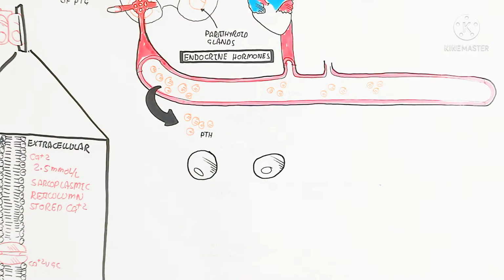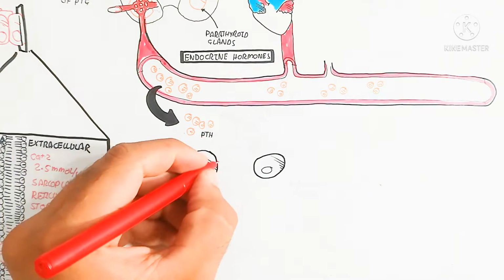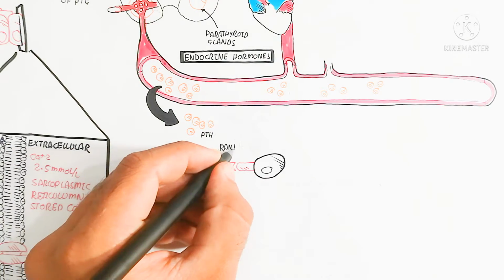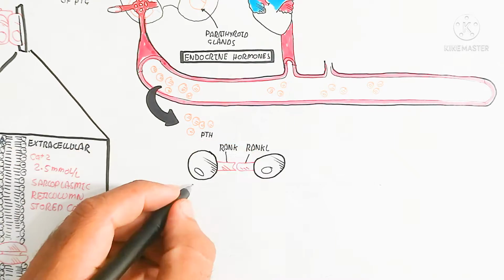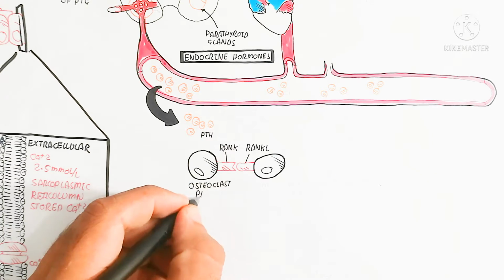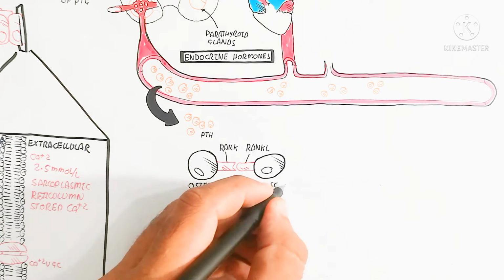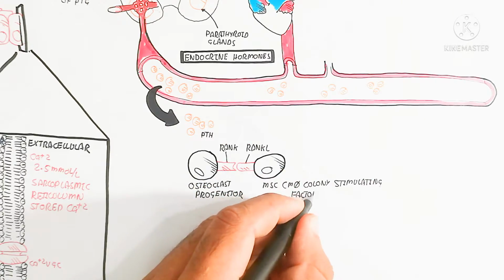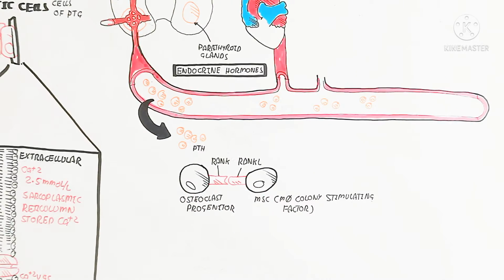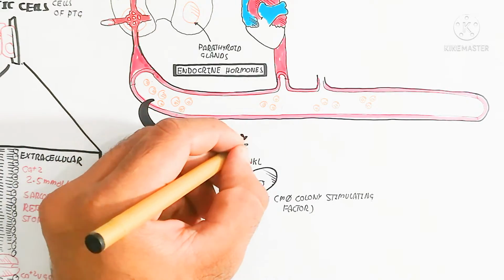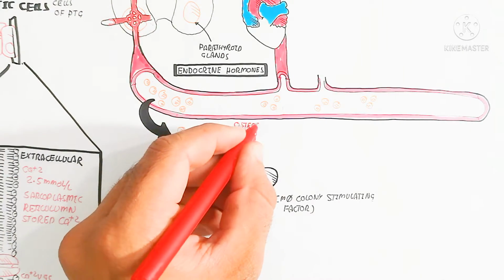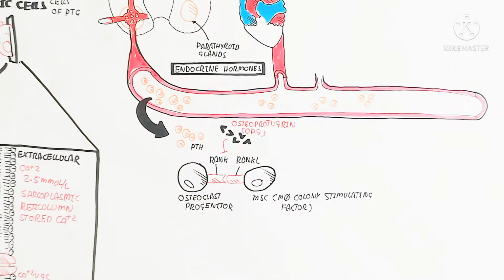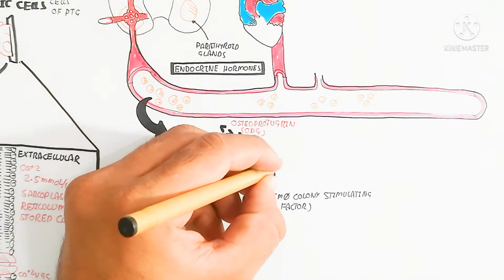First, we will discuss bone. Bone resorption is the bone degradation that occurs when the calcium level is low in the blood, so the uptake of calcium from bone is one target. Here is the osteoclast progenitor, which contains the RANK molecule. RANK ligand and macrophage colony stimulating factor are present in the bone.